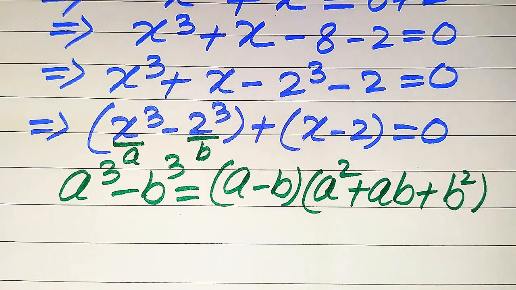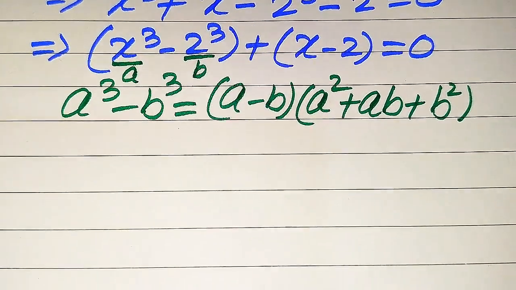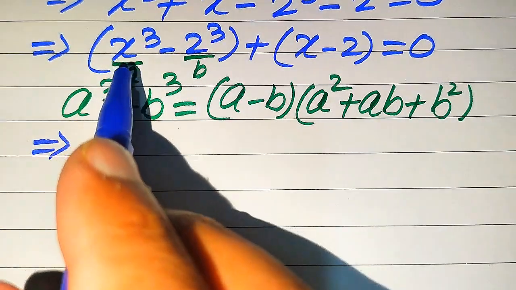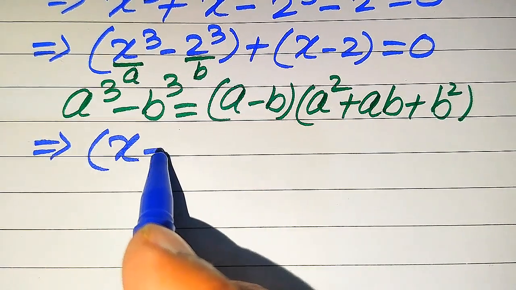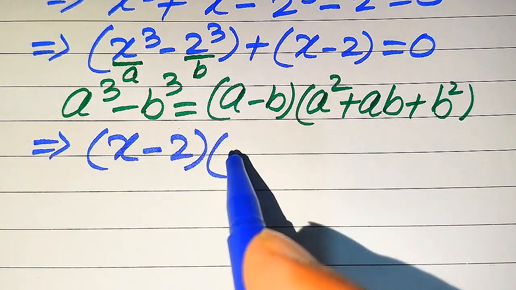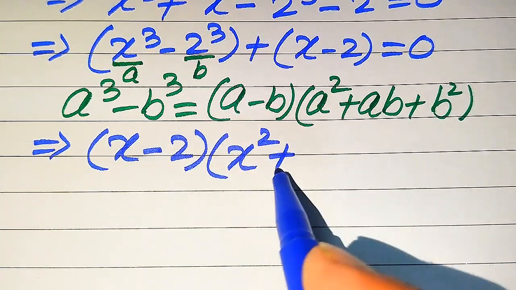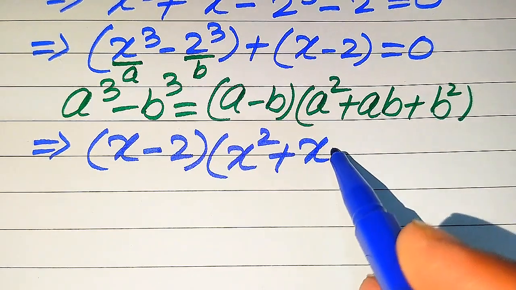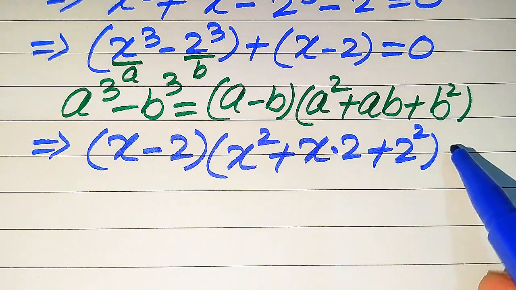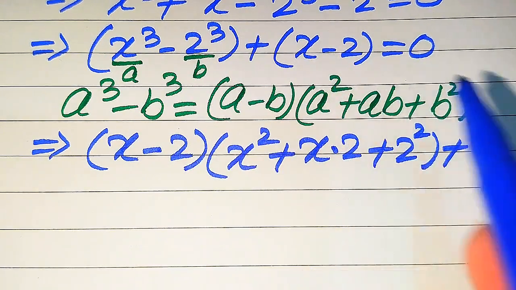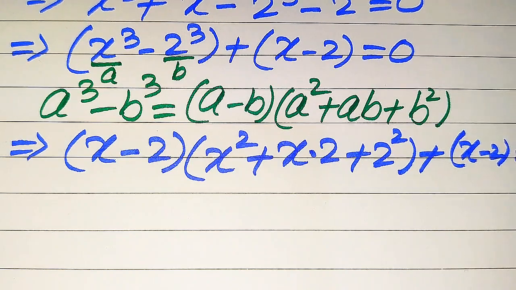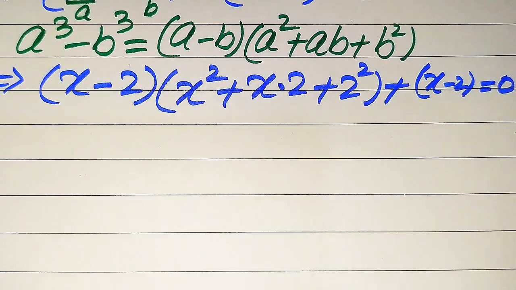So according to the formula we write our above cubic expression as, first a minus b, the value of a is x, minus the value of b is 2, into a square, so here our a is x square, plus ab, so a is x and b is 2, plus b square, so b is 2 square, and plus here we have x minus 2, and this whole equation is equal to 0.